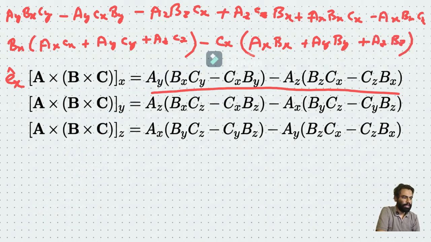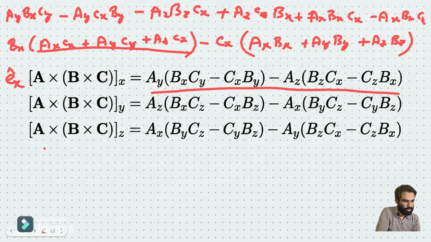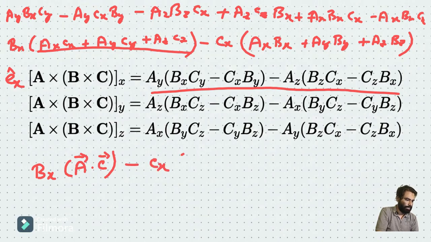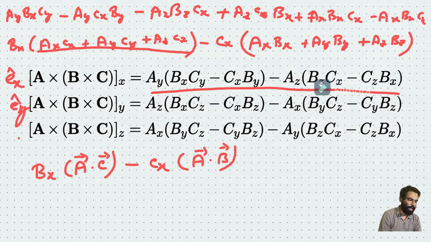Now you can see, if you look closely at these terms, that we are only talking about the EX component here. The rest of the things we are not discussing. Now the EX component will be BX times A dot C, minus CX times A dot B. In the same way you can find the components of EY and EZ.